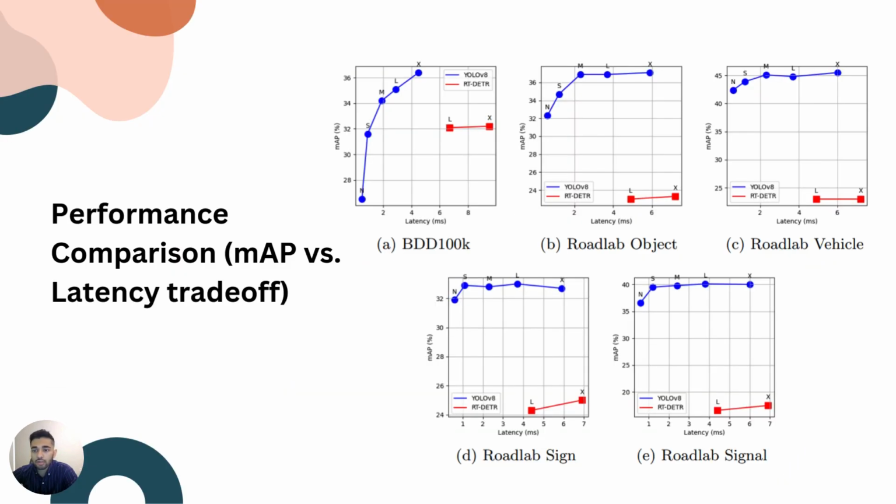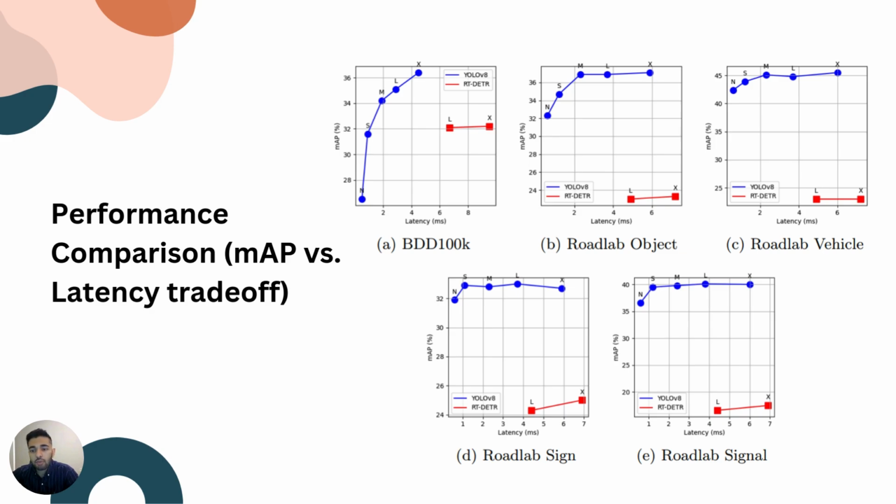Next, I have just made a plot of latency on the x-axis and the mAP values on the y-axis. So basically, we are looking for higher mAP values, so that would be on top of the graph, and lower latency values, so that would be towards the left of the graph. So models that lie on the upper left part of the graph are going to be better than the ones below them, right?